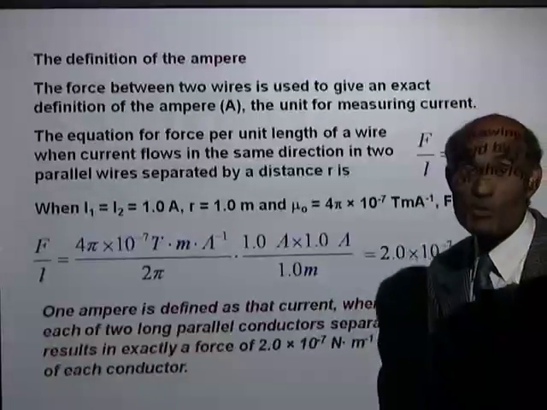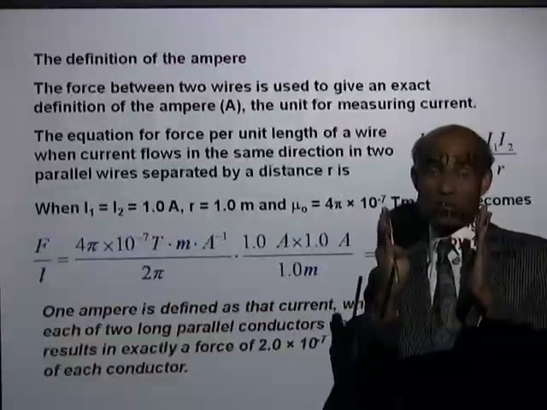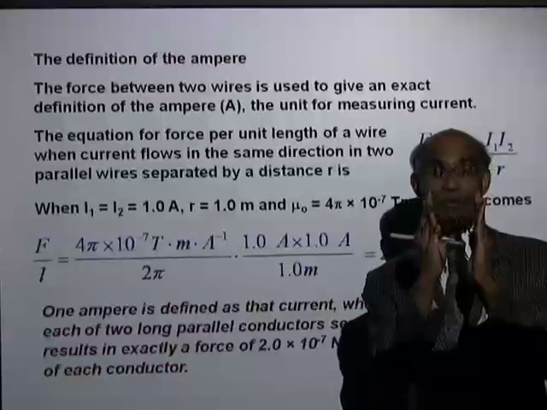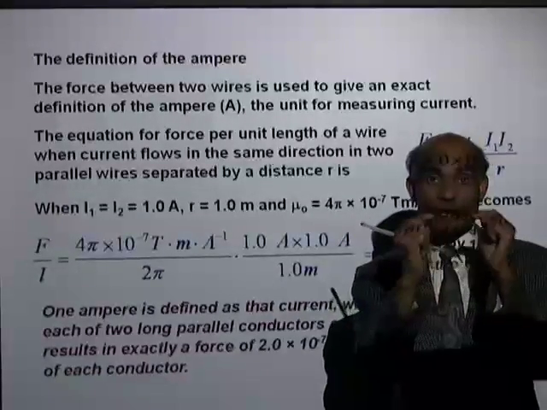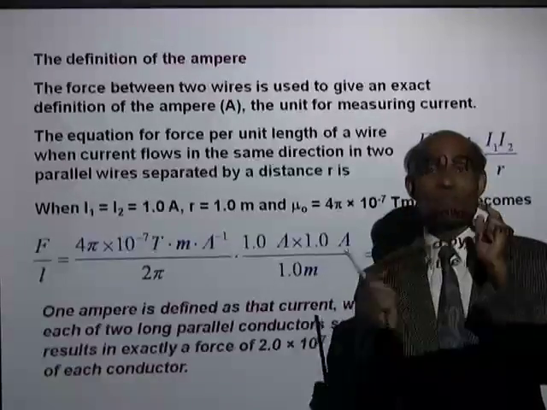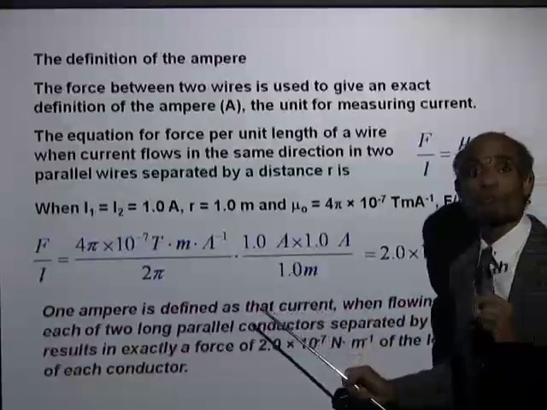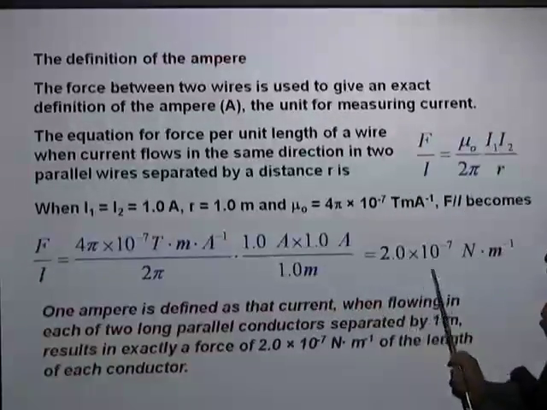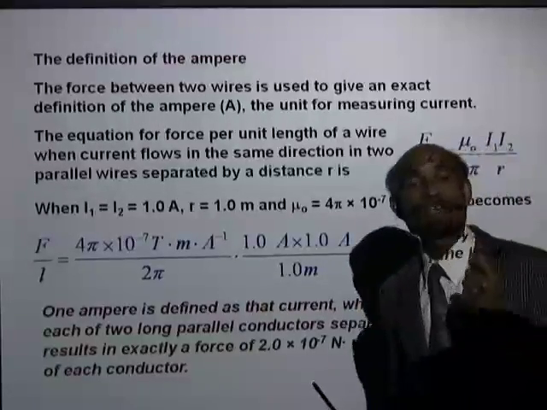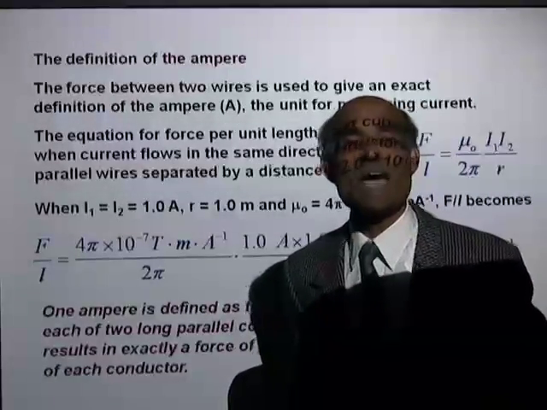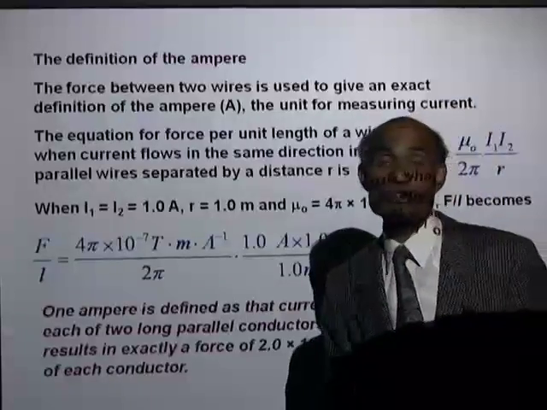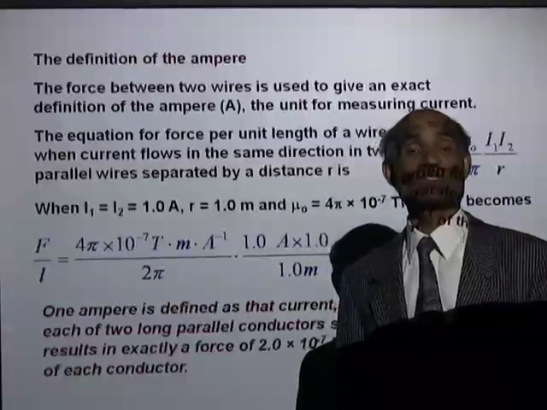So, a current that flows in two parallel wires that are separated by 1 meter, that results in a force per unit length of this much, is what we call 1 ampere. And that is the original definition of the ampere.